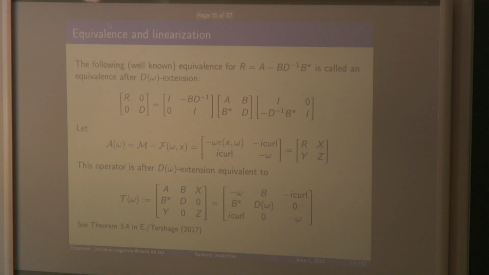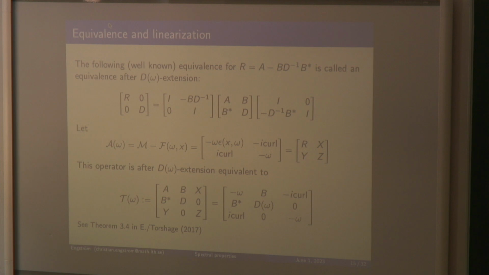So this is a congruence, not a similarity. Isn't it? Yes. This block on the left is not the inverse of the right, but the adjoint. Similar or non-similar is okay, but they should have exactly the same spectral properties.